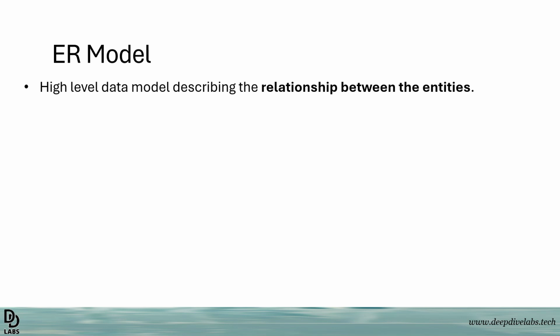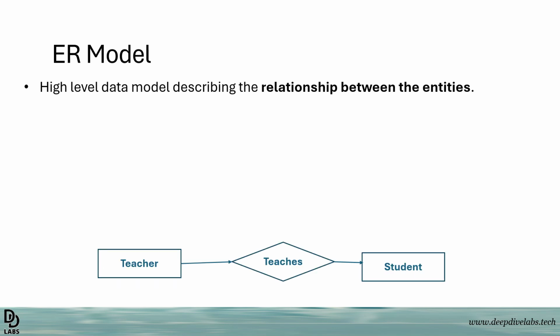So now let's take a look at what is an ER model, right? In RDBMS, the relationships between the relations, the tables, are represented by an ER model. ER model is a high-level data model describing the relationship between the entities. So here, a teacher, an entity, teaches a student, right?